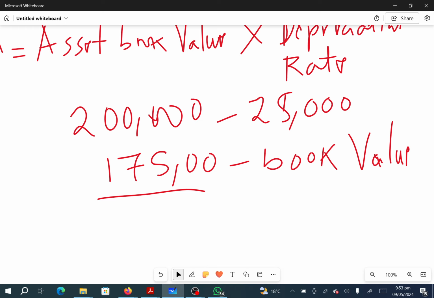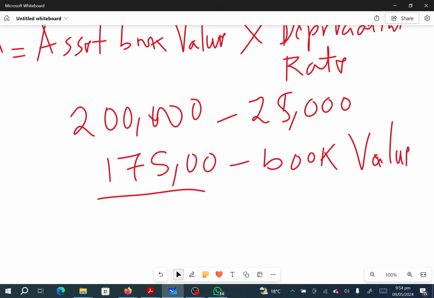So that's what we have called the book value. In other words, we can also say it is the value of an asset for an accounting purpose.